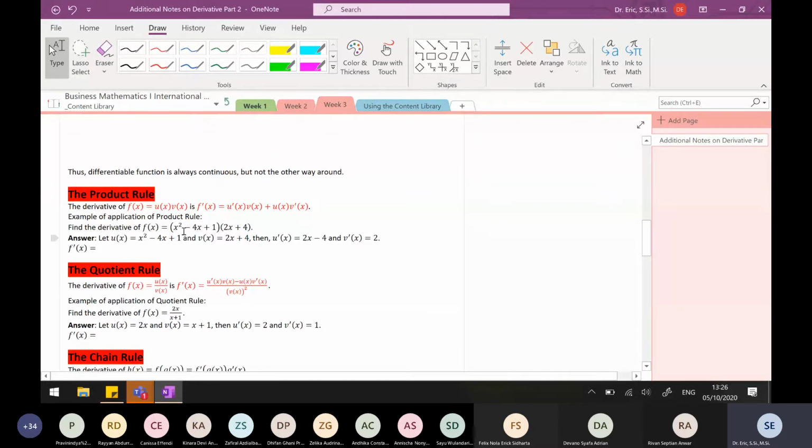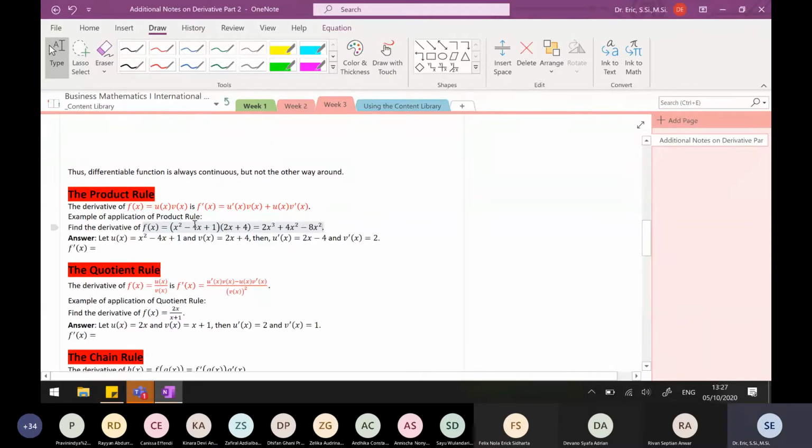Okay, so what is the derivative of this? If you don't want to use the product rule, you can always multiply it out one by one. The first one and the first one give you 2x cubed. x squared times 4 gives you 4x squared. Minus 4x times 2x gives you minus 8x squared.